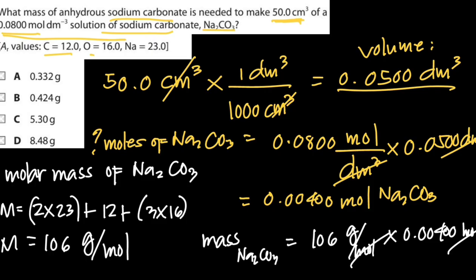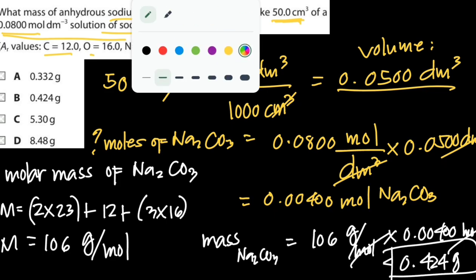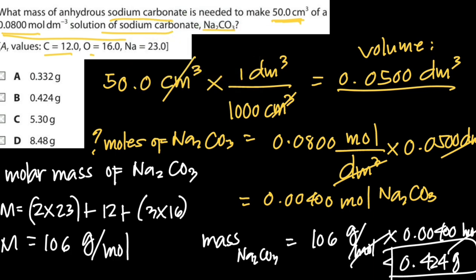The mole unit here cancels out, and 106 times 0.004 is just equal to 0.424 grams. So this is the mass of anhydrous sodium carbonate that is needed to make 50.0 cubic centimeters of a 0.08 mole per cubic decimeter solution of sodium carbonate. So the answer here is letter B.